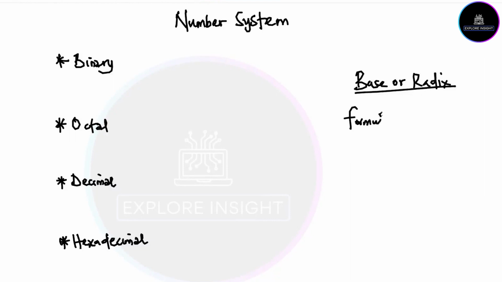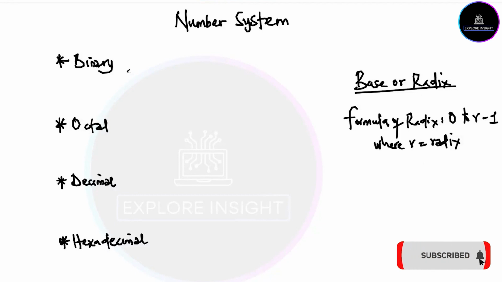The formula is simply given as 0 to r minus 1, where r is the radix. With this, we can tell the number of digits present in a particular radix number system. We can even know which values fall in a particular number system.